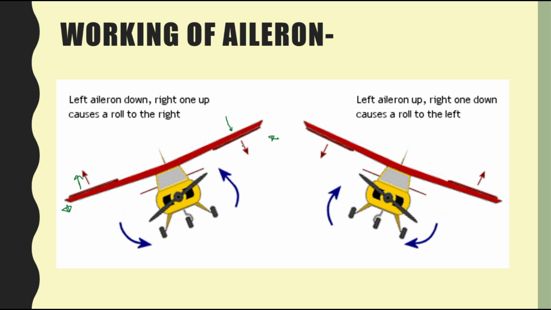Now the one that has moved downward is generating more lift. So this green arrow is about the motion of the aileron downward. If the aileron moves downward, the lift force acting on the wing will be in the upward direction, and if the aileron moves up, then the lift force acting will be in the downward direction.